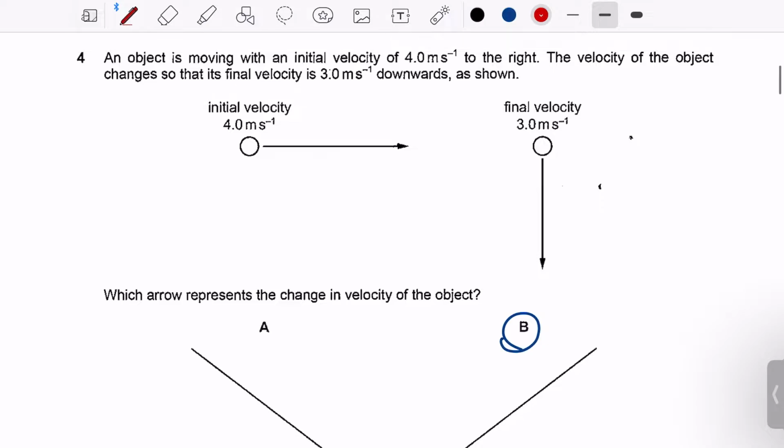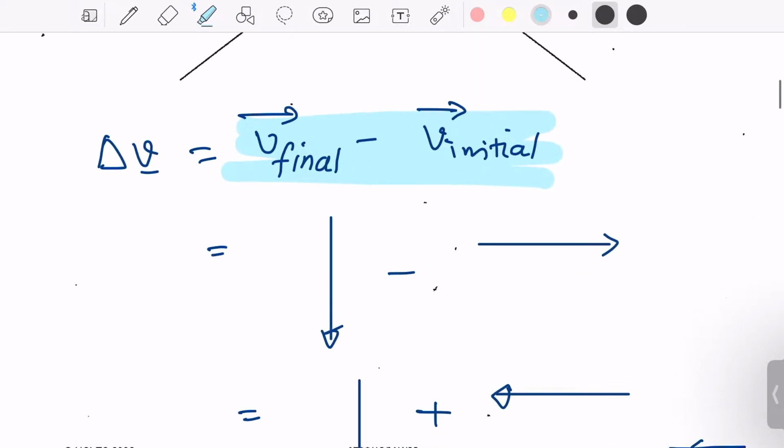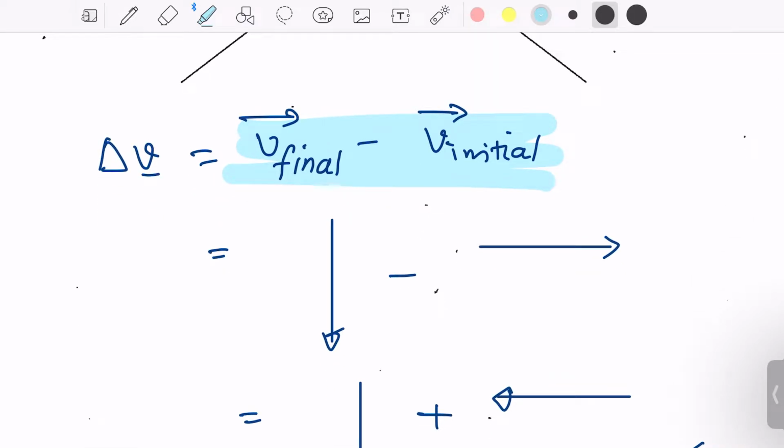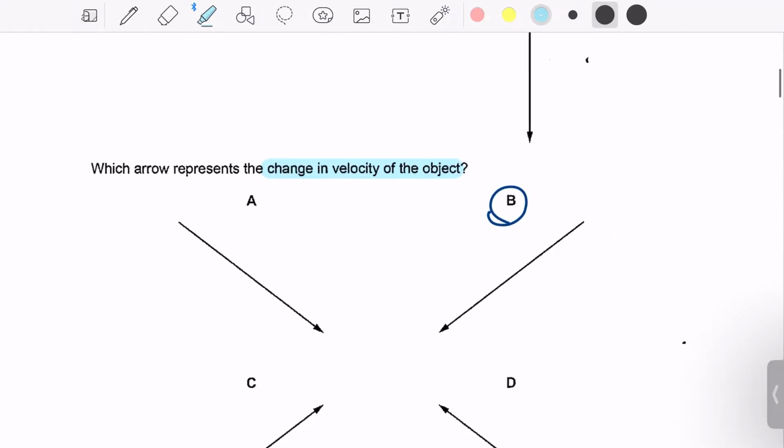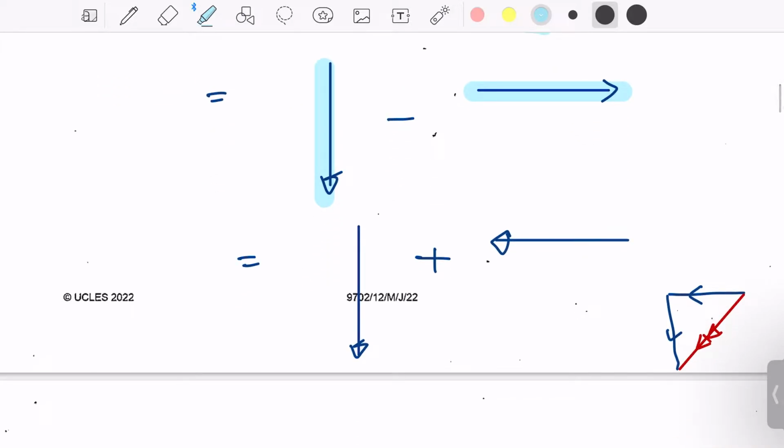Question number 4. Now in this question they ask what is the change in velocity. So let's start by defining change of velocity. Change of velocity is final velocity minus initial velocity. If you look at the picture, final velocity is, let's say, southwards, and initial velocity is eastward.